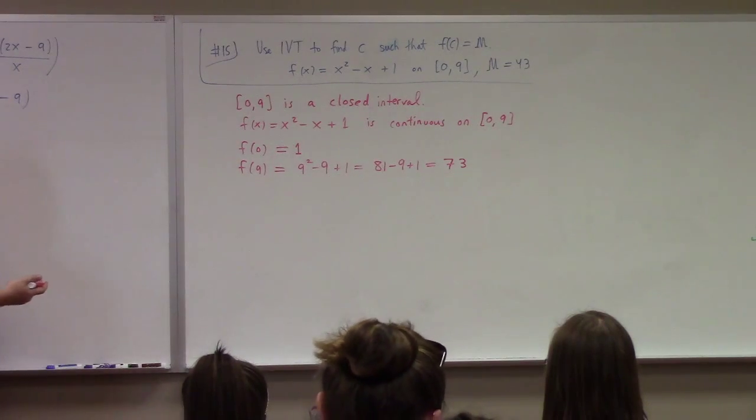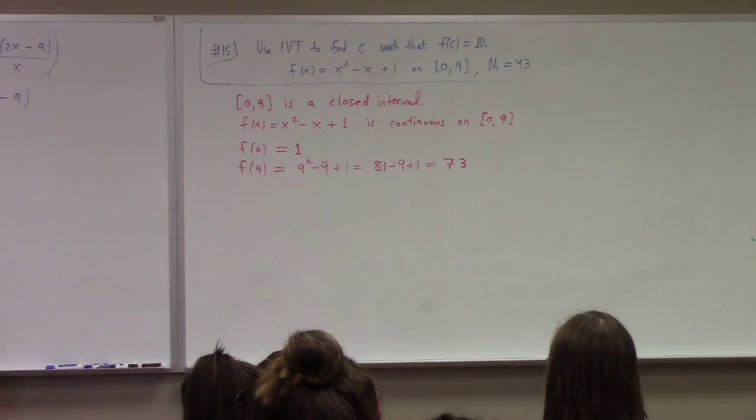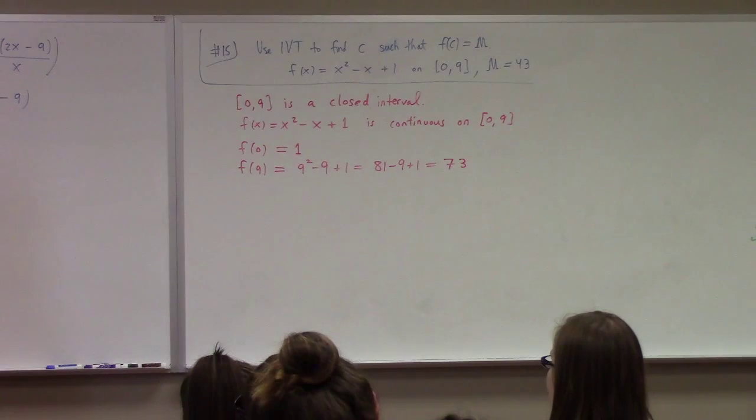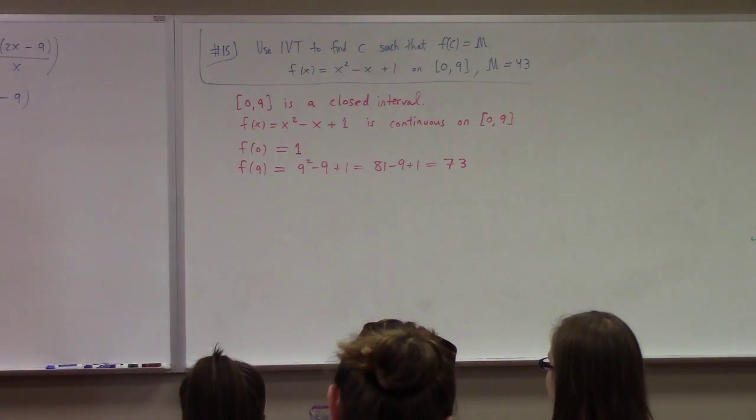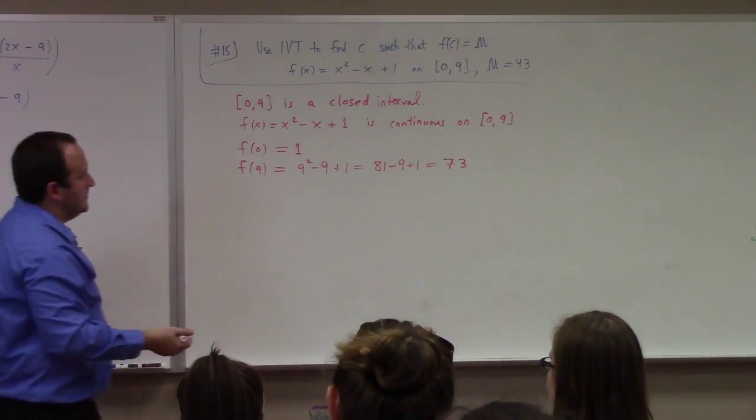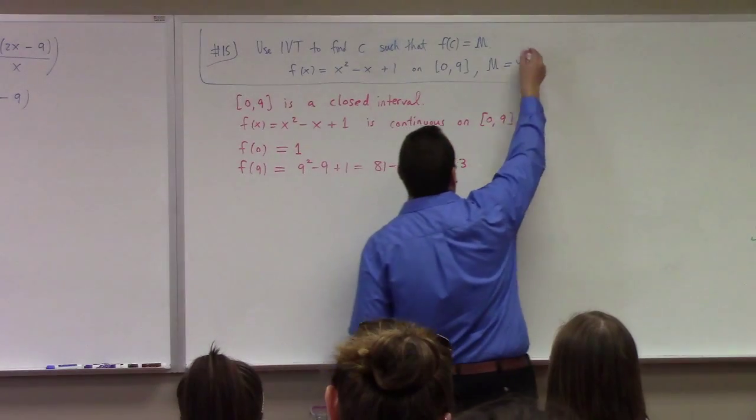So the intermediate value theorem tells me that any number between 1 and 73, you give me any value between 1 and 73, there's some c between 0 and 9 such that f of c is equal to that value. The value that the WebAssign has given us is 43, right?